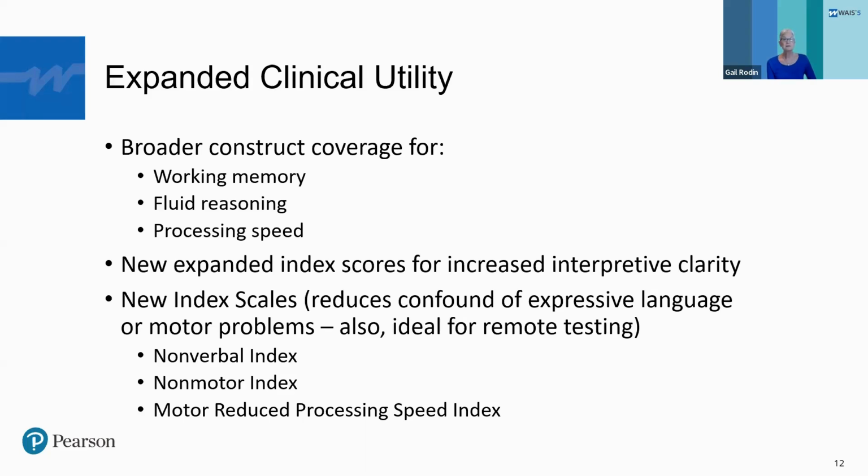And we have new index scales that reduce the confounds of expressive language or motor problems. And also, as we saw, we have one that's ideal for remote testing. And those are the nonverbal index, the non-motor index, and the motor reduced processing speed index.